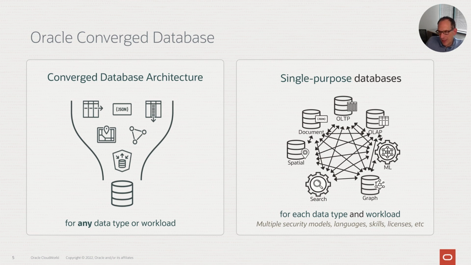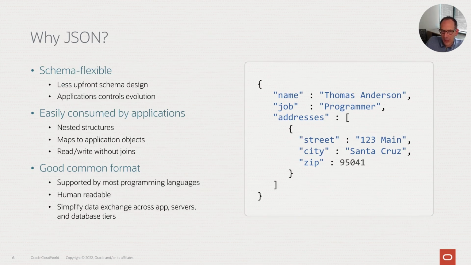The other thing is what we recommend our customers not to do, which is to use a zoo of special purpose databases that all use different query languages. This is what you see here on the right side, where data sits in one database but needs to be processed in another. So this typically leads to a lot of chaos if you want to run workloads across different databases. So a converged database makes it a lot easier, and we're focusing on the JSON aspect of it.